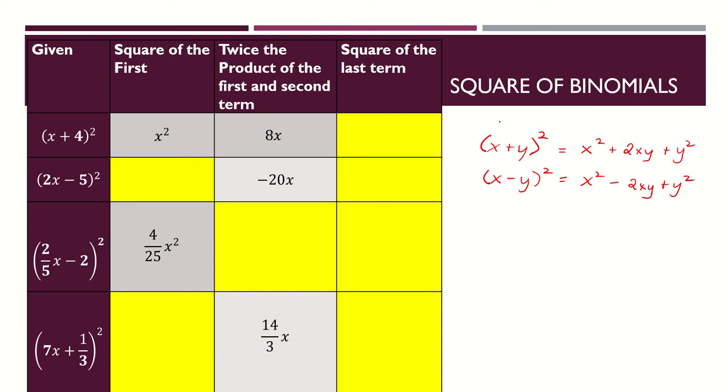So, itong mga ganitong items, you can still answer this using FOIL method. But in your exam, presented siya in a tabular format and all you have to do is to complete the table. Okay? So, pause the video, try to answer muna yung mga naka-highlight ng yellow, and then check nyo po later if your answer is correct.